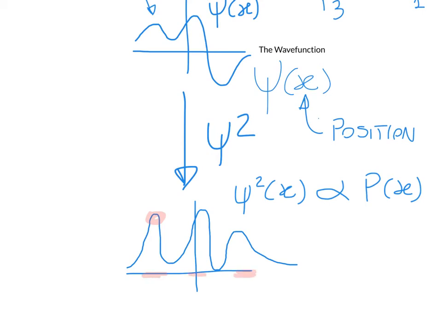But there will be very little chance of finding the particle here because the wave function is going to 0, or here, or there will be basically no chance of finding the particle here because here the wave function is exactly 0. Okay, so this is giving us a probabilistic interpretation and telling you how likely is it that I find the particle in different positions in space.